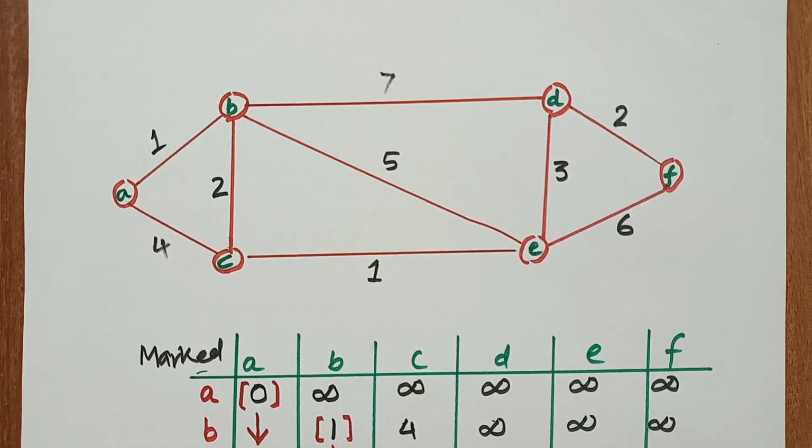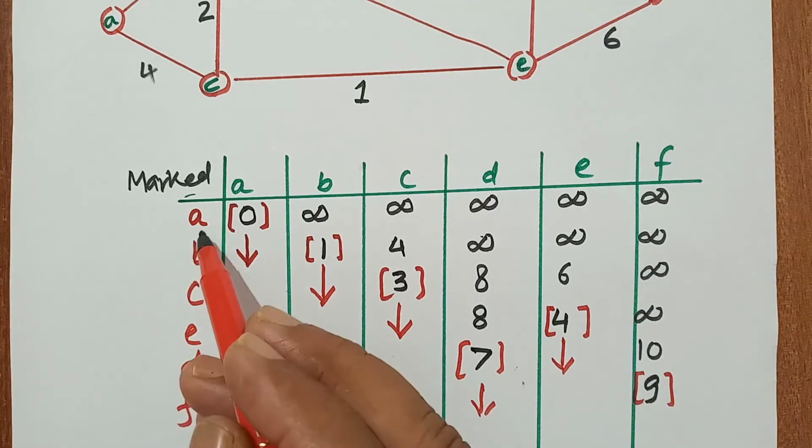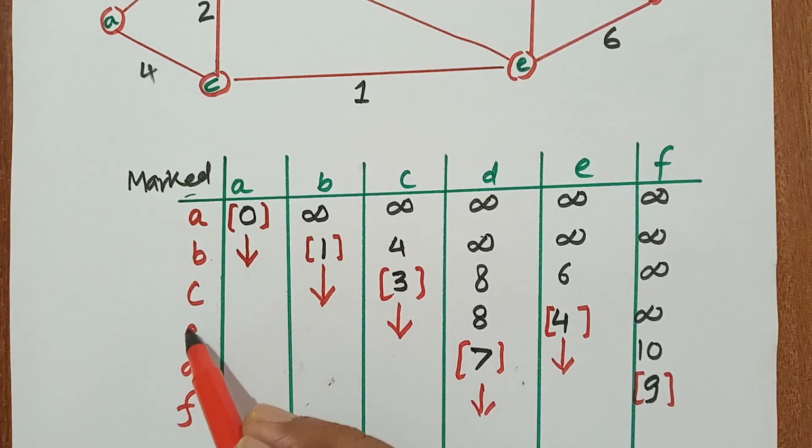Okay, A to C 3, A to D 7, A to E 4, A to F 9. Okay, so this is the route. A to B, B to C, C to E, E to D, D to F. So this is the shortest path.